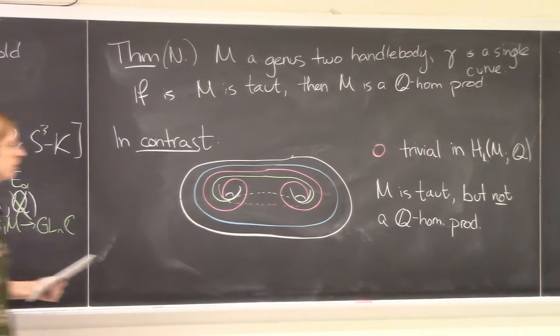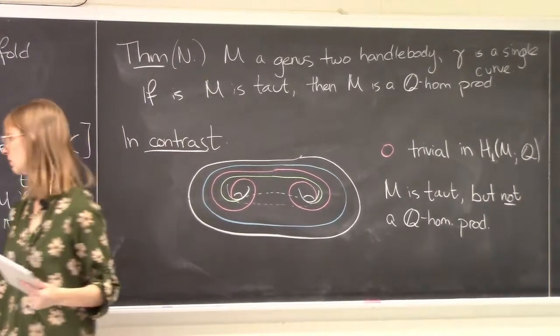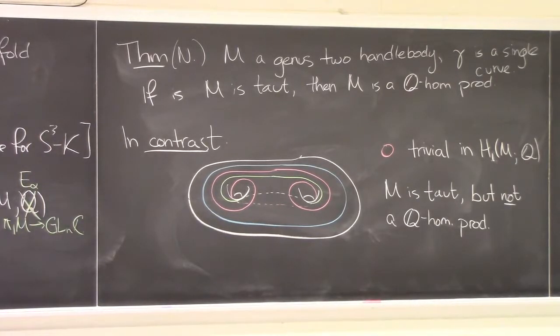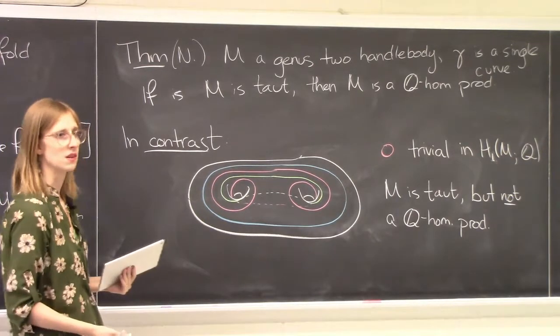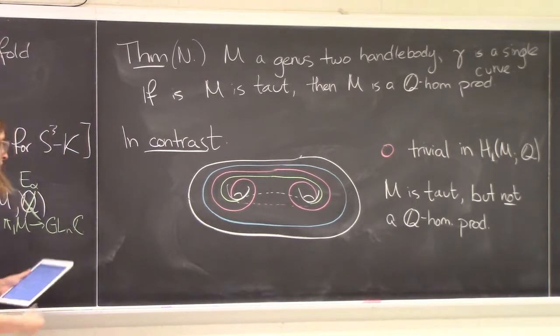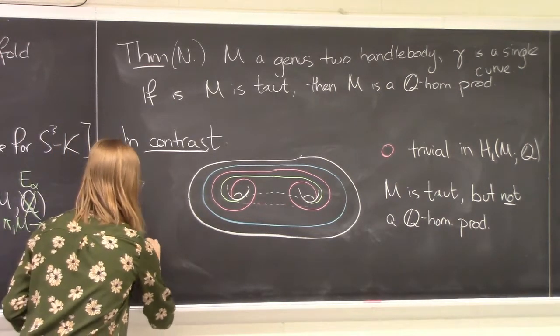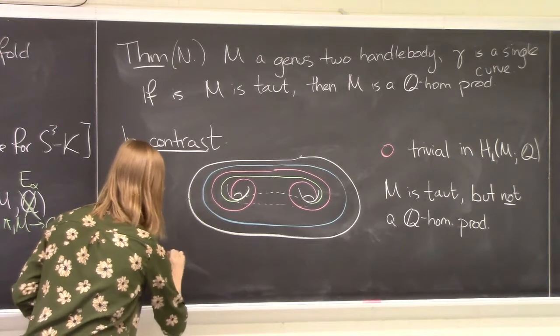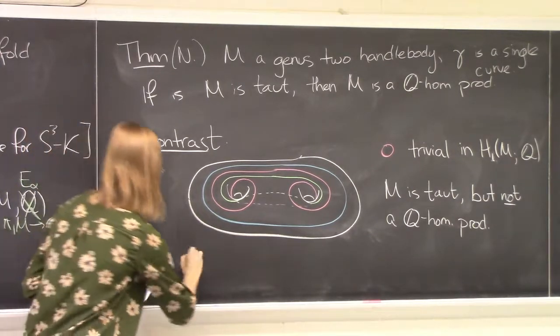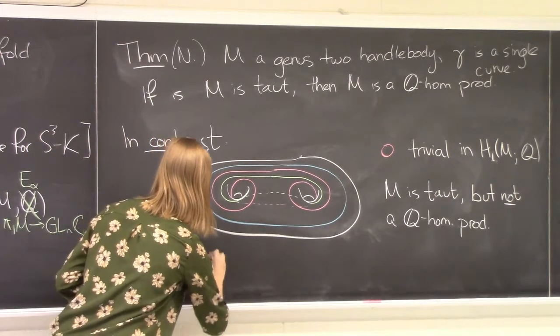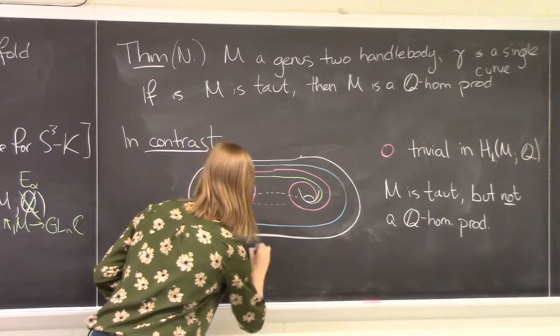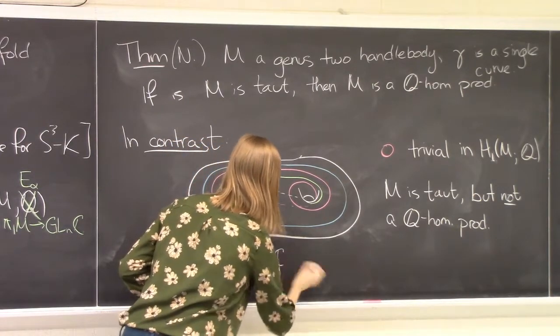In particular, we can pick pretty much almost any one-dimensional representation, and that will realize this as a twisted homology product. So for example, I'll write this down explicitly. Pick alpha from pi_1 of M to GL_1(C).